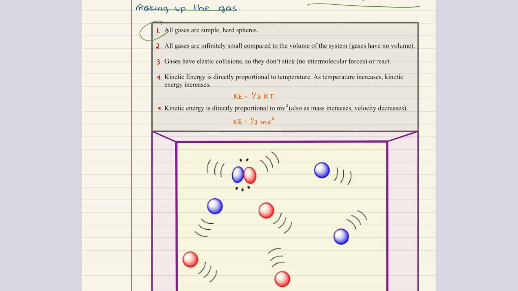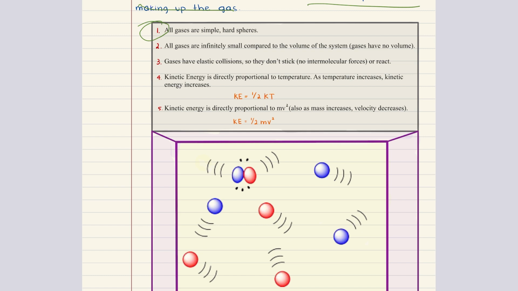The first assumption is that gas particles are simple, hard spheres. In other words, we assume that individual gas molecules are tiny, round particles with no internal structure, and this simplifies how we model their motions and interactions.